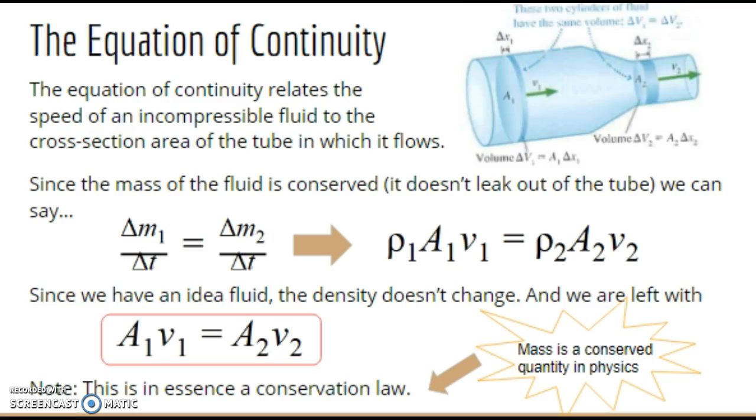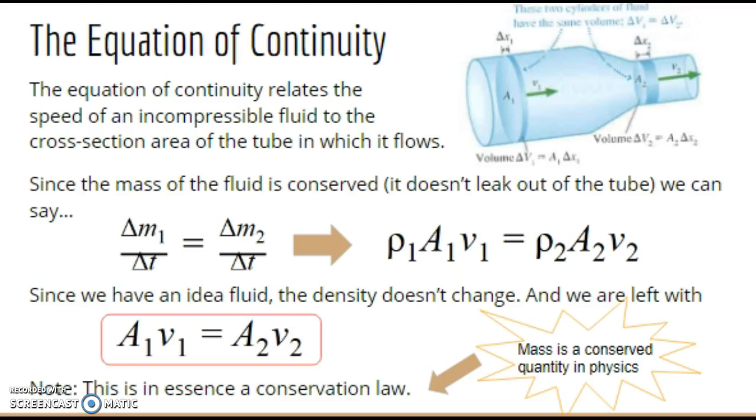We can then come up with an equation of continuity. So what continuity basically says is, continuity means the same, right? So here we're dealing with the same amount of matter, same amount of mass, since we're dealing with an ideal fluid. It's incompressible. So if we're dealing with some sort of tube, here I have the same diagram, but drawn a little bit differently.